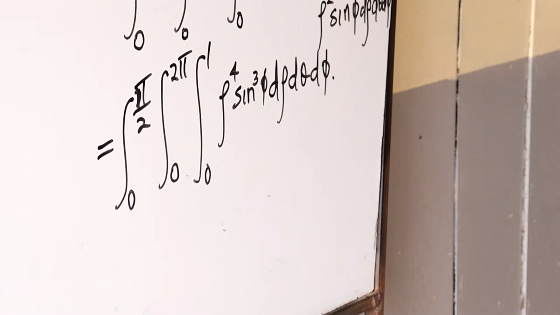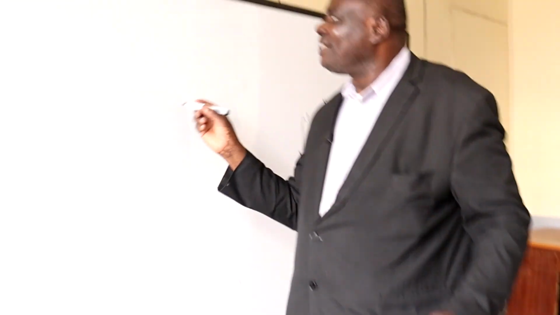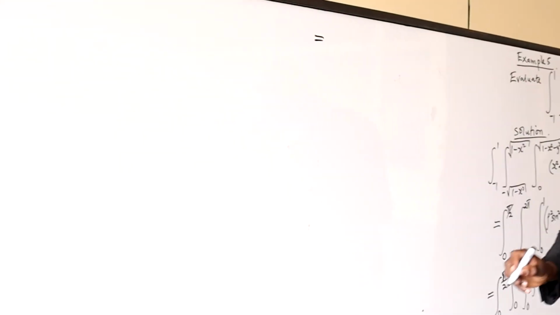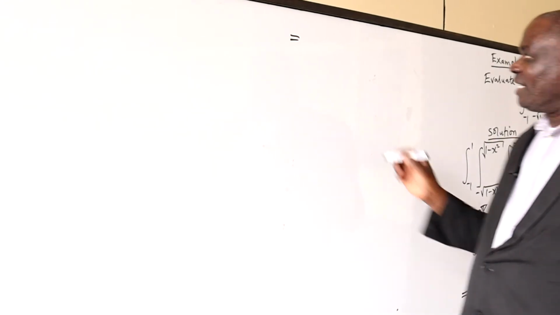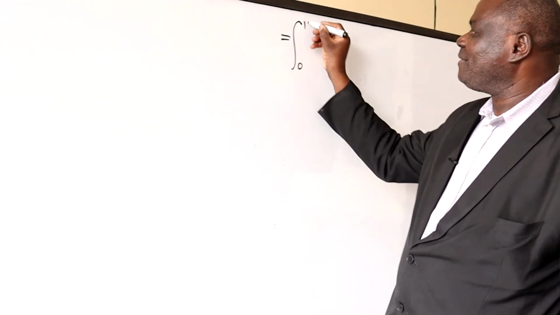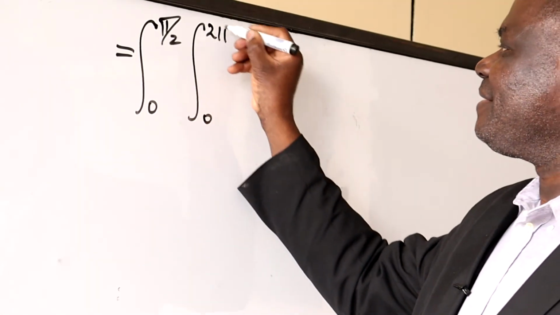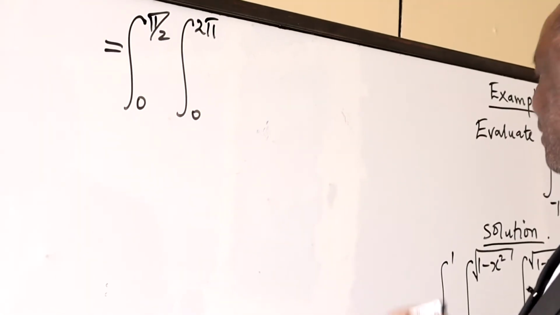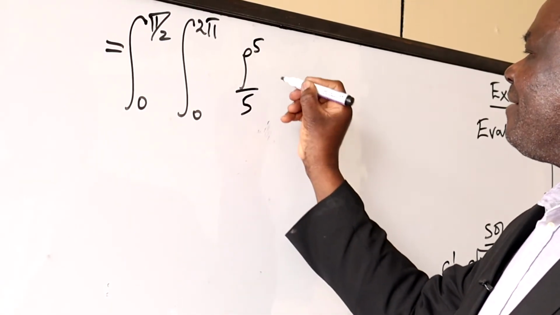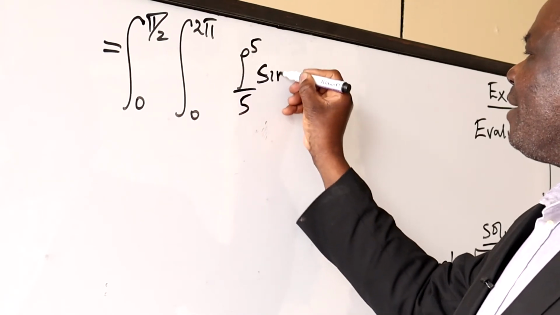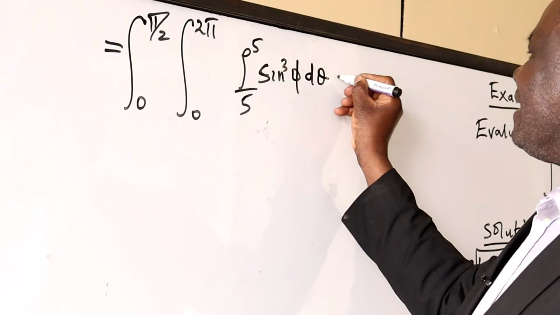When we integrate that, what do we get? We get phi from 0 to pi over 2, theta from 0 to 2 pi, then rho to the power 5 all over 5, sine cubed phi d theta d phi.